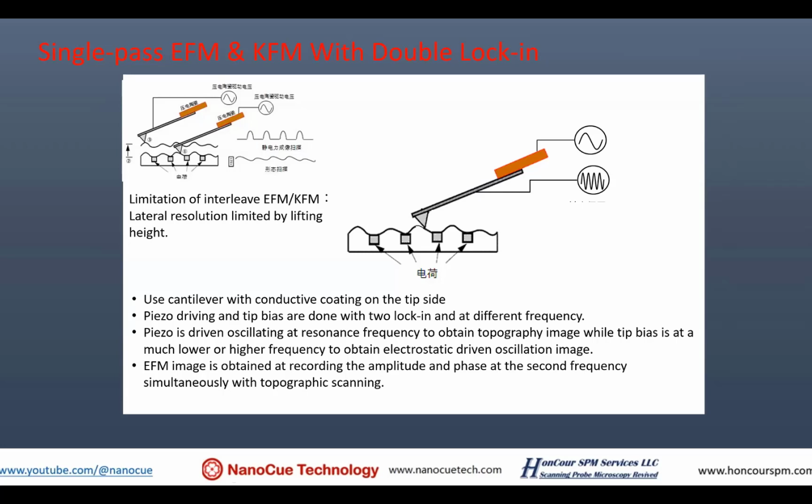In other words, the tip will sense the AC electrostatic force at a different frequency. So the tip will oscillate at two separate frequencies, and therefore the AFM can scan the electrostatic force imaging and the topography at the same time, and that's what we call single pass imaging.